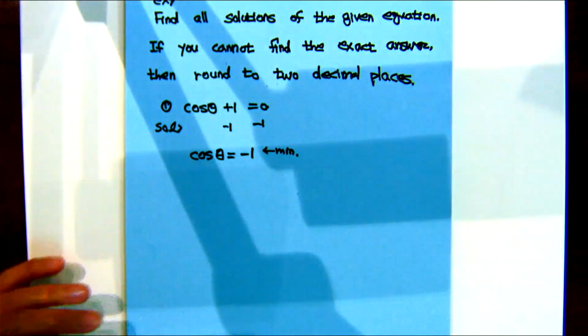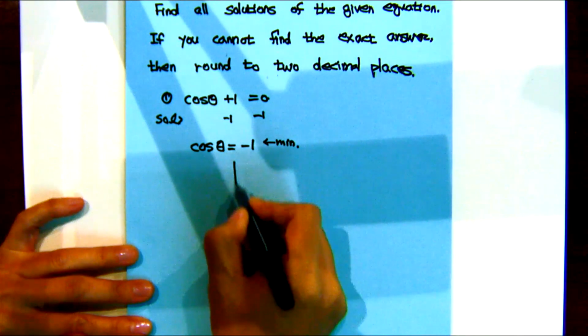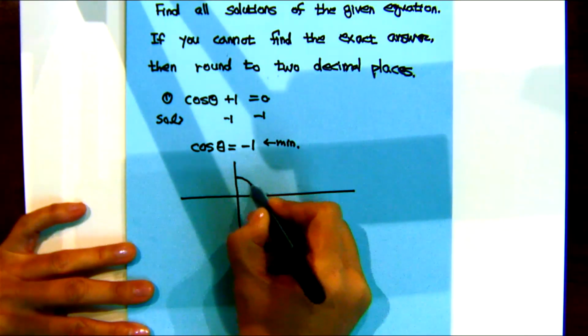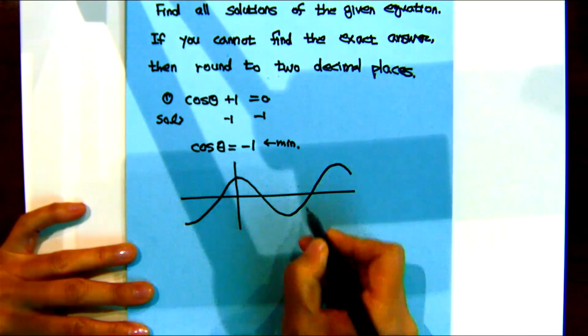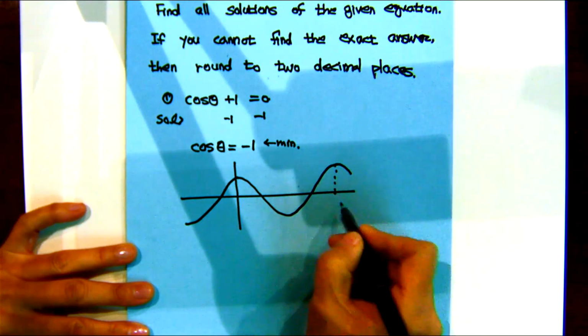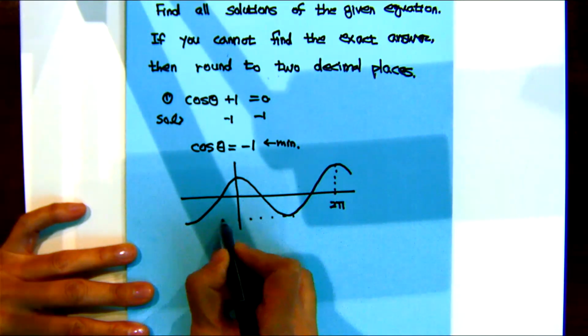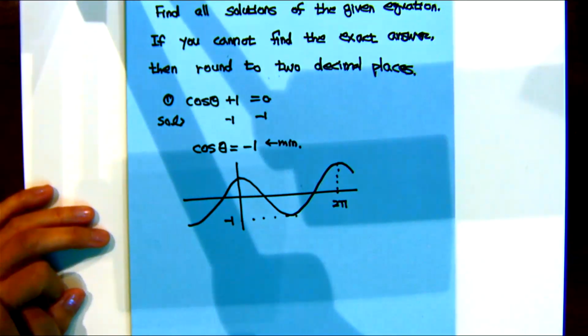So this is a minimum value, right? When we have minimum, maximum, or 0, we tend to use the graph of the function. This is one cycle of the cosine, and it is enough to think within a cycle. So the cosine value must be -1.